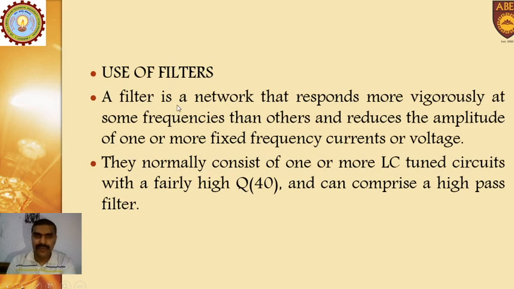The filter network responds very intensively at some frequencies compared to others, and reduces the amplitude of one or more fixed frequency currents or voltages. It means it acts very intensively for a particular frequency, and it will provide a low impedance for that particular frequency to bypass that harmonic component.